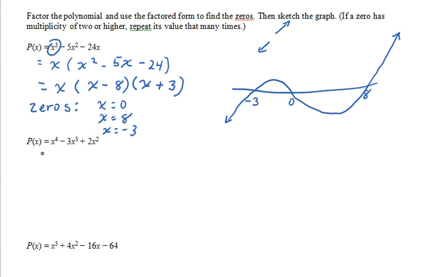The second polynomial has a common factor of x squared. So it is x to the fourth minus 3x cubed plus 2x squared. When I factor out the x squared term, I'm left with x squared minus 3x plus 2.